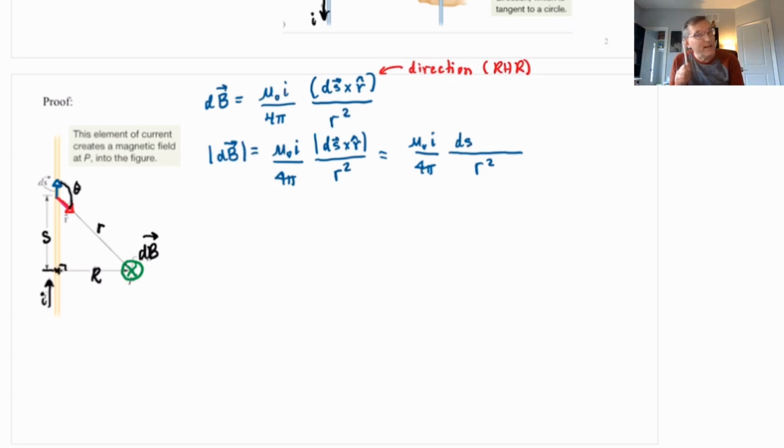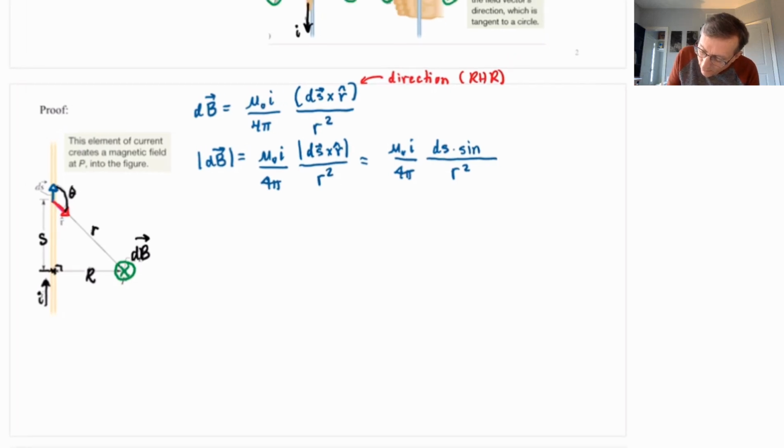Oh, wait a minute. Magnitude of r hat. Any unit vector has magnitude 1, so times 1, times the sine of the angle between ds and r hat, which is that angle in our picture that's labeled theta. So we've got the magnitude and the direction of dB from that one little element.